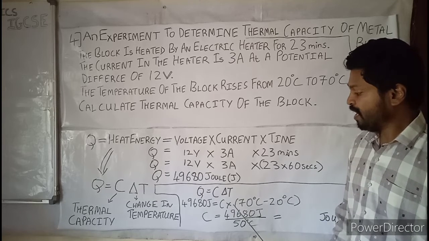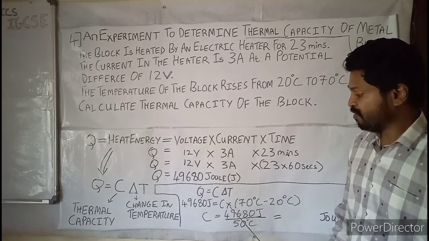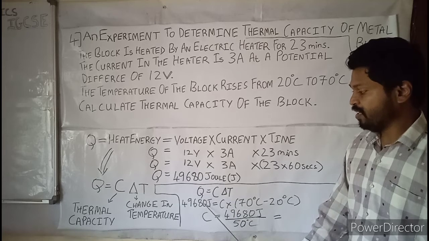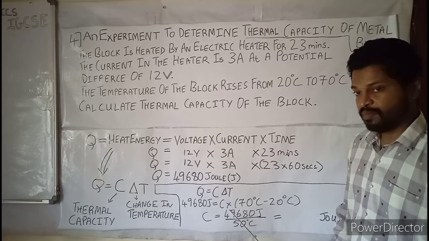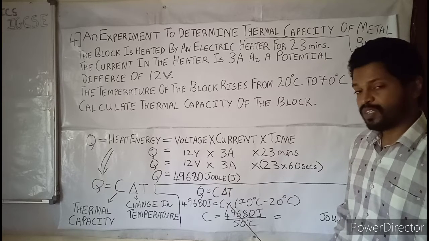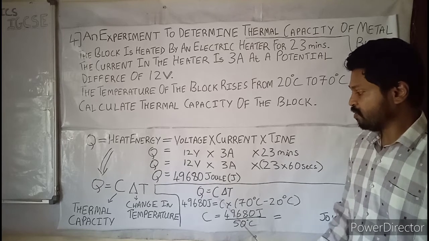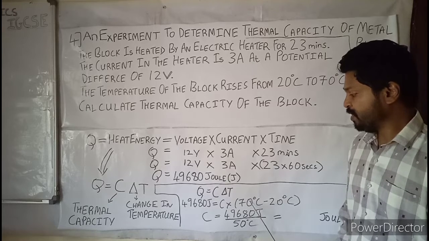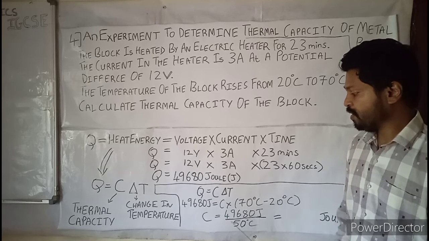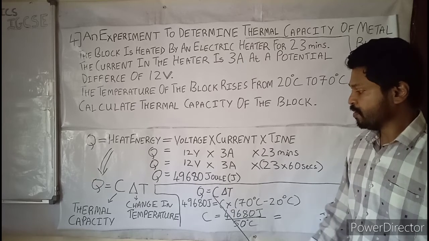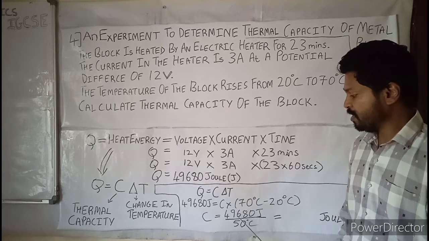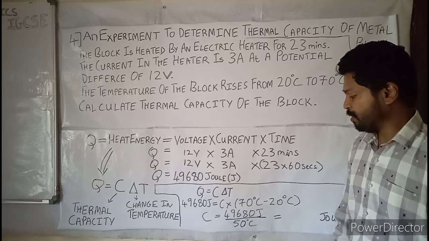Any value that is multiplied over here, when it goes to the other side of the equal to sign, gets the opposite operation. The opposite of multiplication is division. That is why when you move this 50 to the opposite side of the equal to sign, it becomes divided, in the denominator. So this value is in the numerator and 50 goes to the denominator.